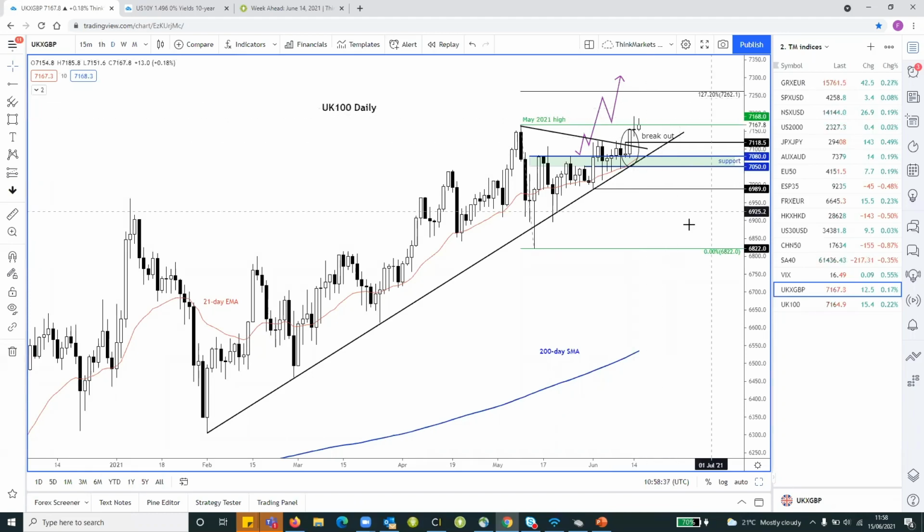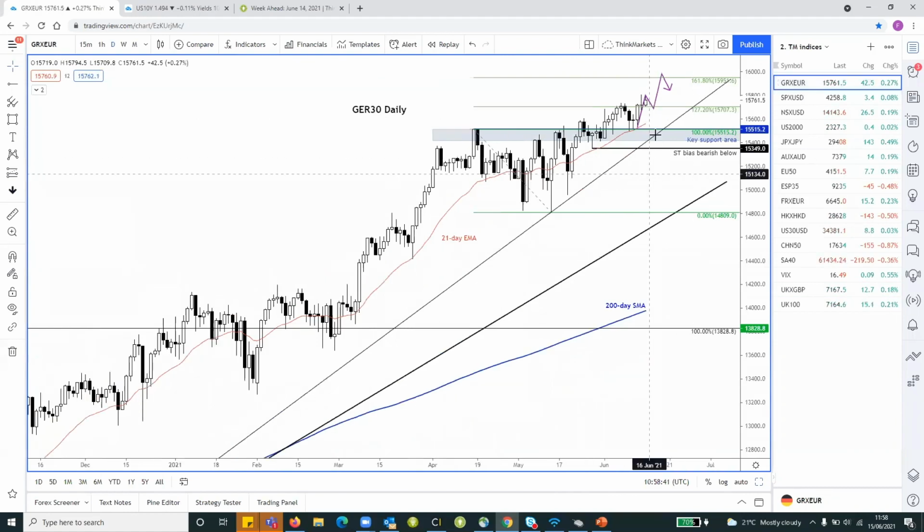That we could see. What about the DAX? Look at that. It followed the script quite nicely here. Tested support, the previous resistance area, bounced from there, broke the previous record, and it's holding.